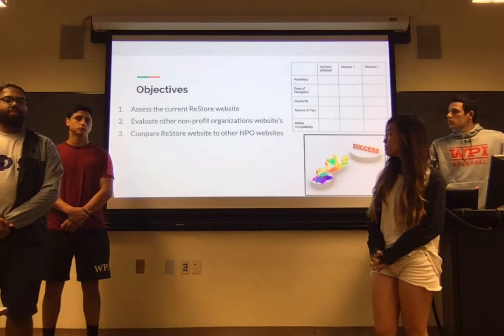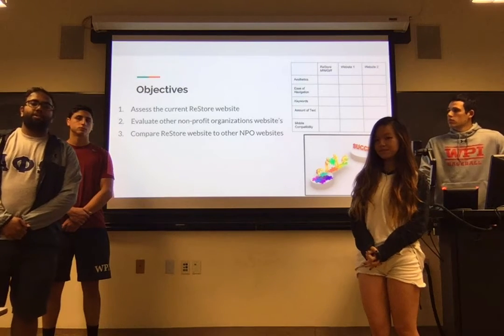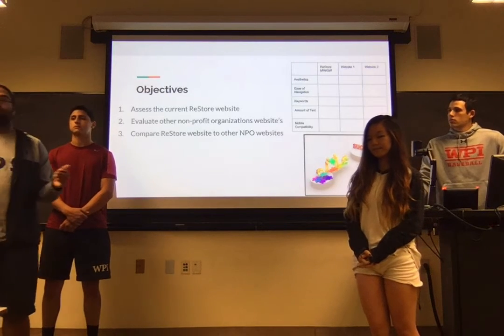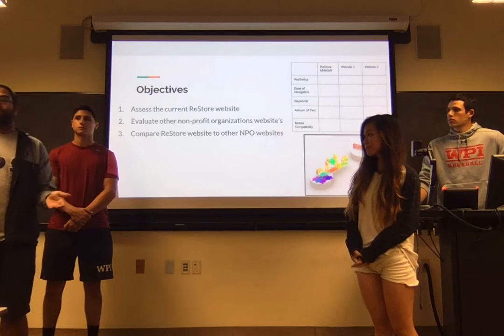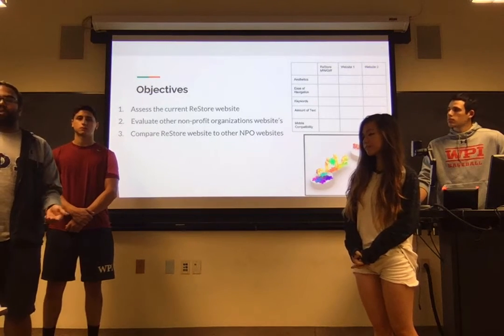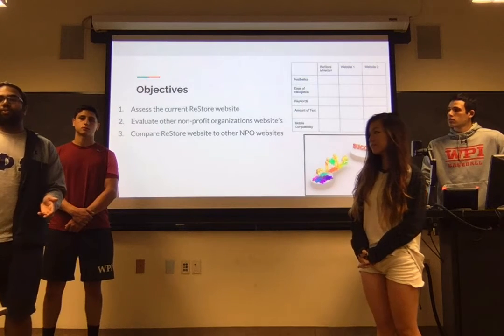So our third objective is to compare the findings we have from objective one, which is evaluating the Restore website, and objective two, which is evaluating other websites from other nonprofits and other resources.